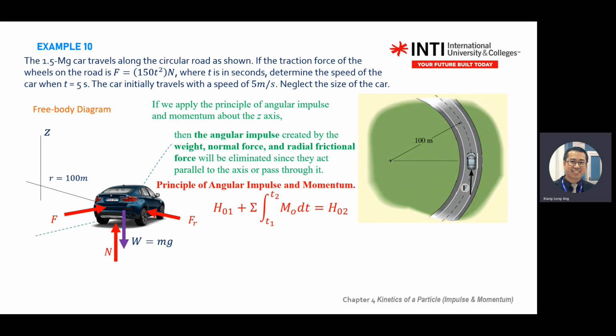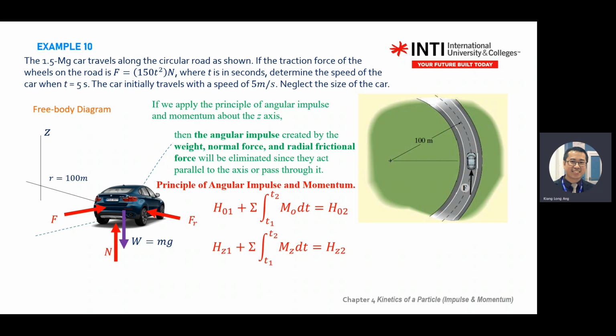What is angular momentum? What is the right-hand rule? Not force. What is momentum? mv. So r cross mv is your H. So again, don't confuse between moment and momentum.